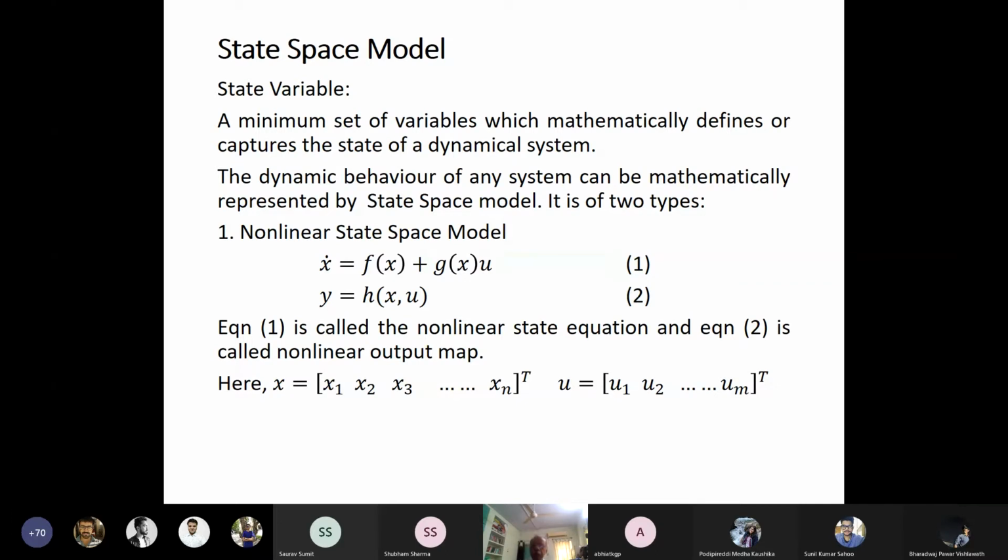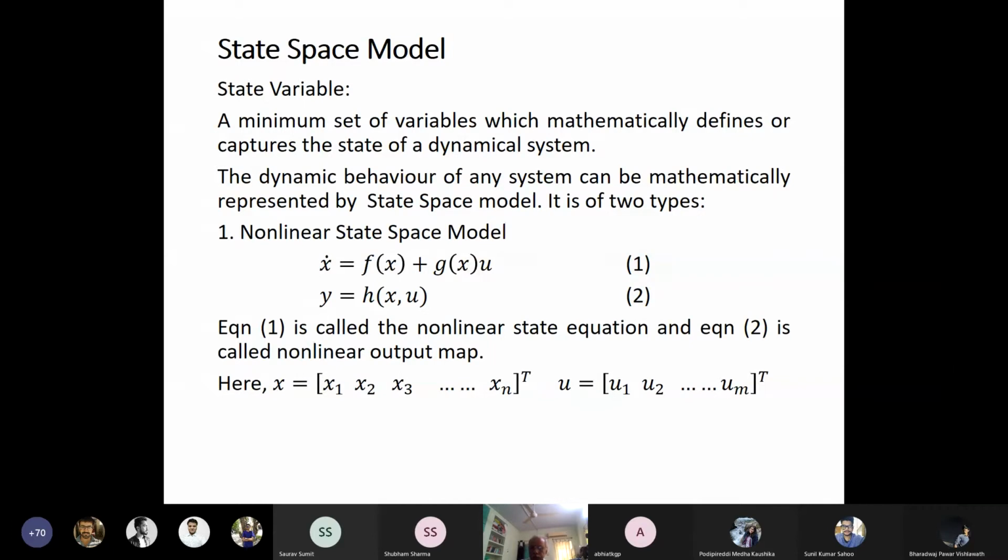You can have m inputs involved over here. f(x) and g(x) are function matrices or function vectors which are connected with the states and the input. And h(x) is the output map function, which gives a relationship between the states and input to the output.